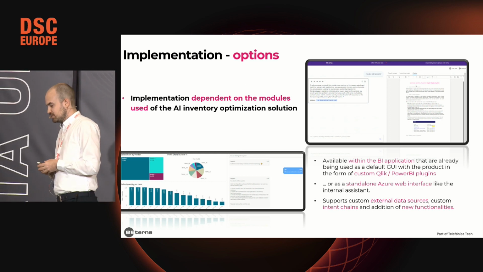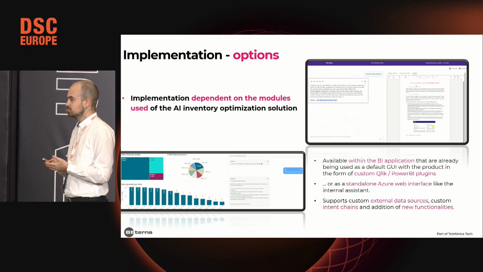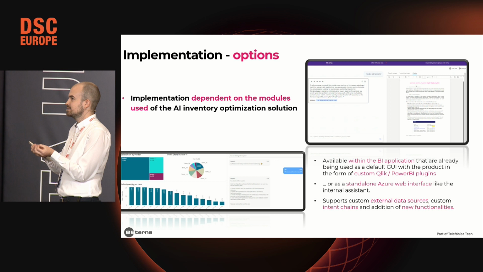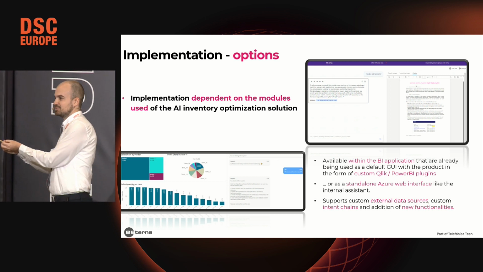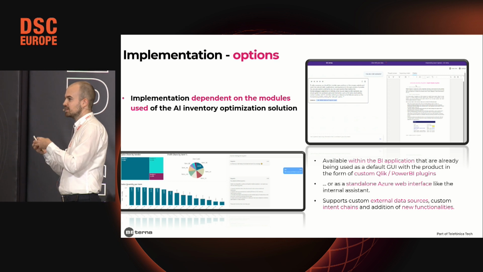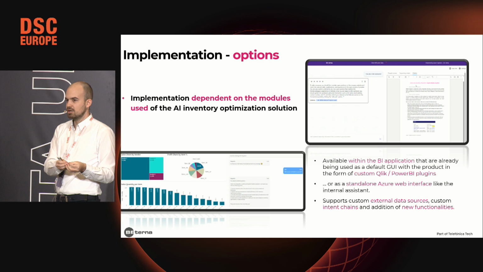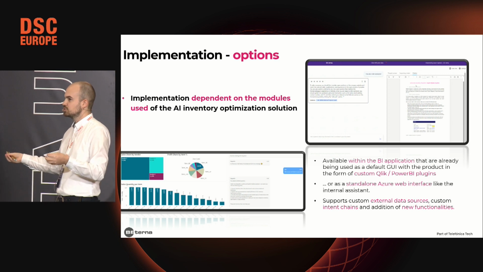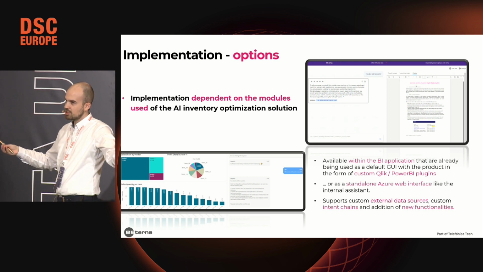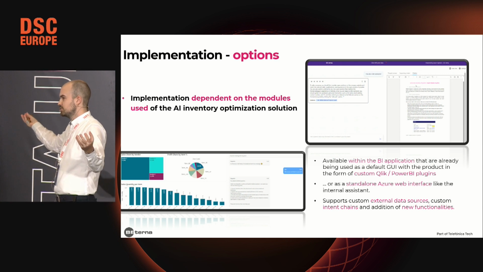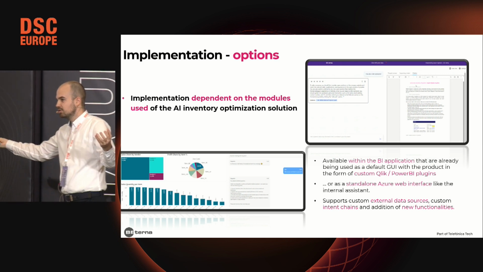And about implementation, this is highly reliant on what our customer needs. It's really customizable depending on the modules that we use. Do we talk about a manufacturing company, or just a retail company?